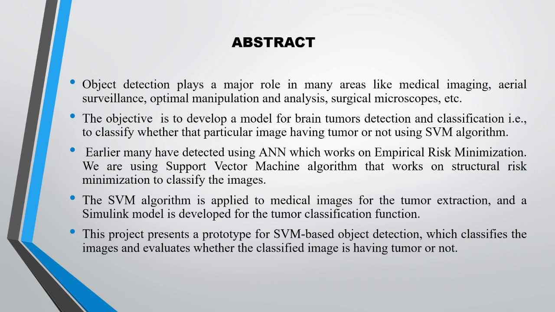In early years, it was detected using ANN, which works on empirical risk minimization, and we are also supporting the Support Vector Machine algorithm, which works on structural risk minimization for the classification of images. This SVM algorithm is applied to medical images for tumor extraction, such as a Simulink model, and it also develops tumor classification functions.